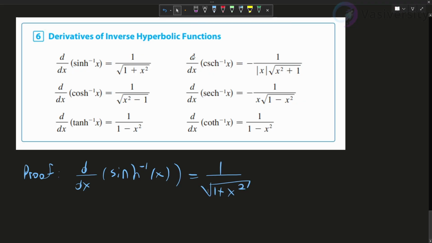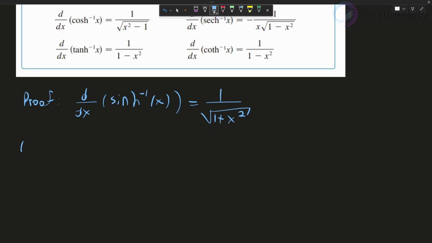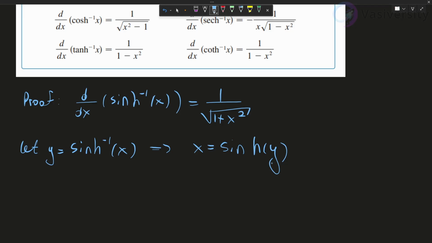Okay, so how are we going to do that? We're going to say, let y be the inverse hyperbolic sine of x. Then from that we know that x is equal to hyperbolic sine of y. Then we can differentiate this equation implicitly, essentially by using what we did for related rates.